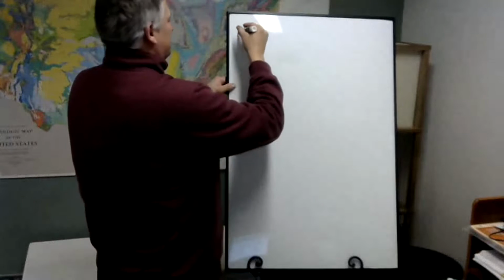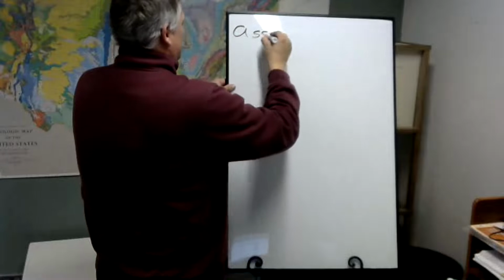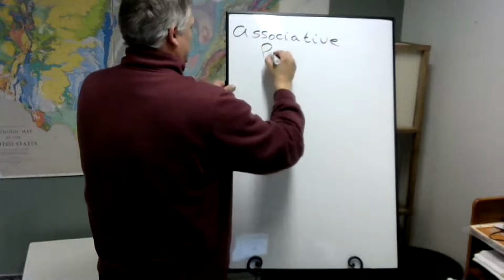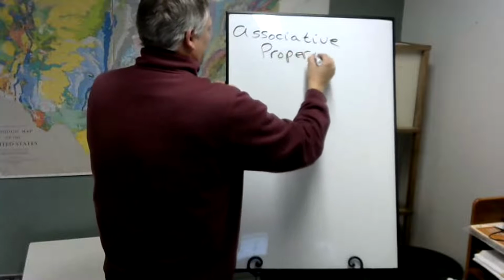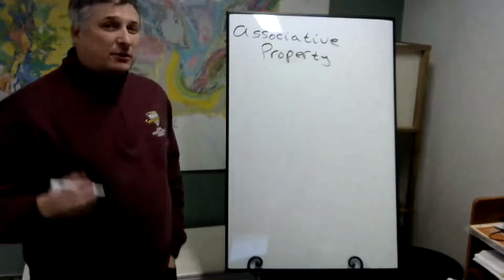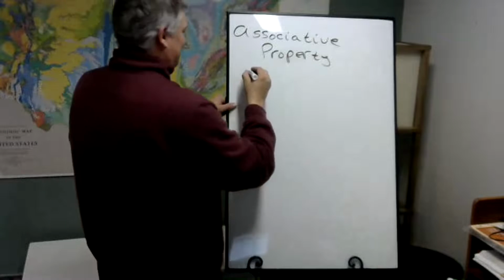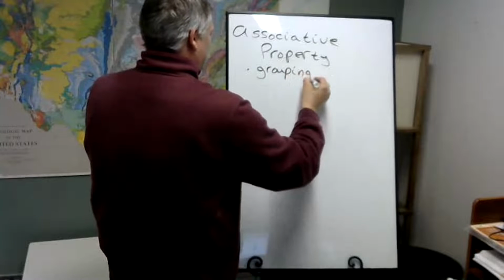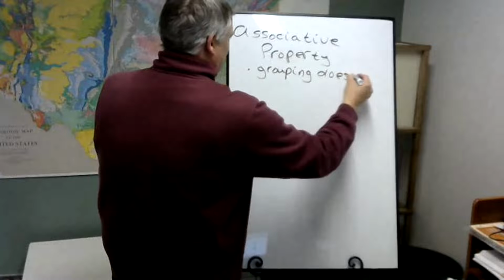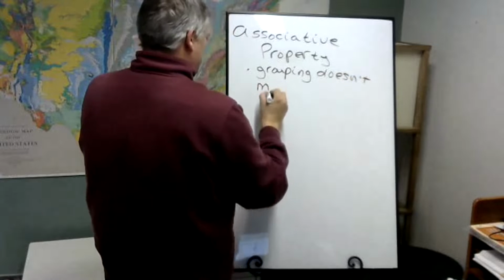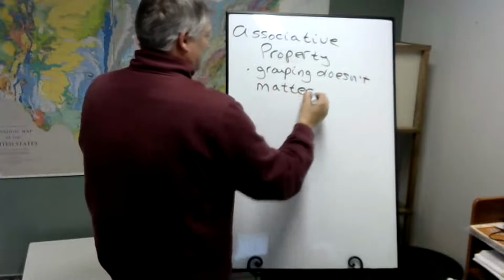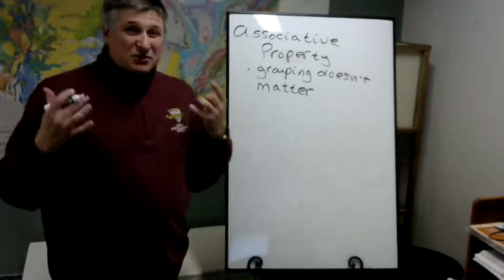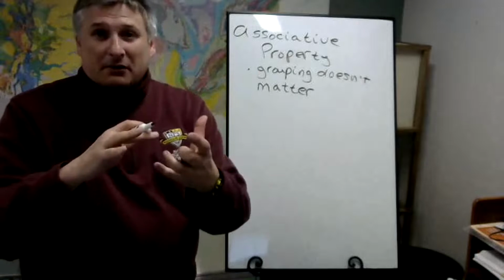The next one's associative. For this, the grouping doesn't matter. We can think of grouping as associating, like they're coming together.